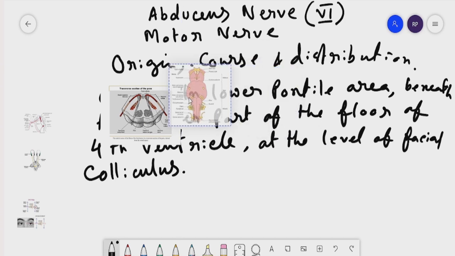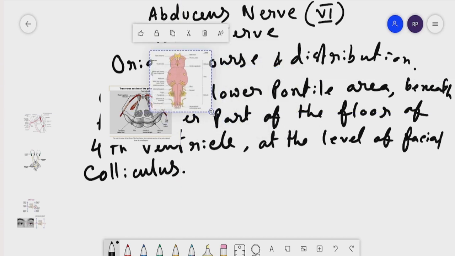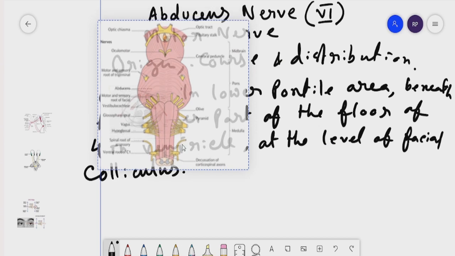So now the course of the abducens nerve.